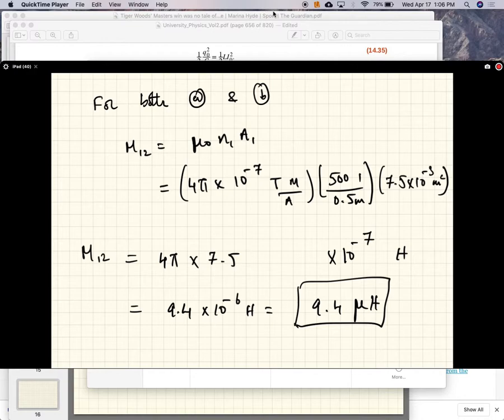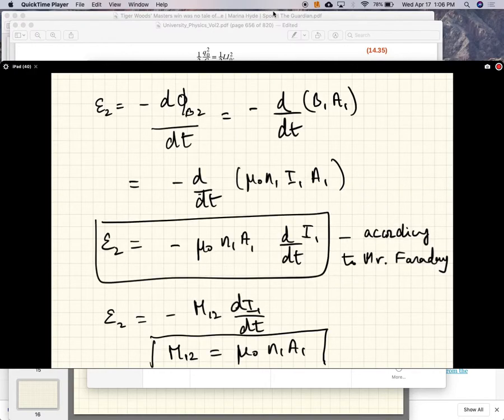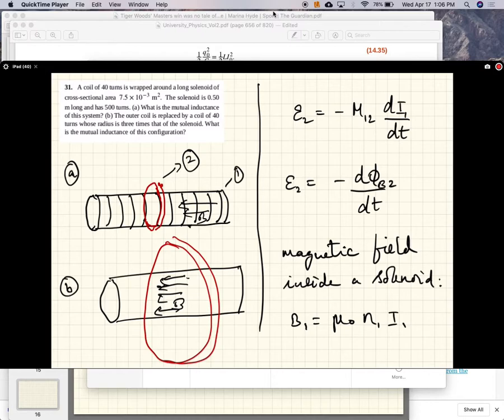And again, why do we care about this number? So now that you have calculated this number, in both these configurations, if you have a secondary circuit in a configuration relative to the first circuit like this, what this is telling you is here's 10 microhenry, that's what we calculated. As you change the current in the first coil, that's the EMF induced in the second coil.